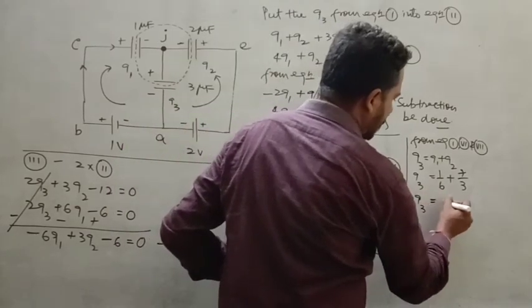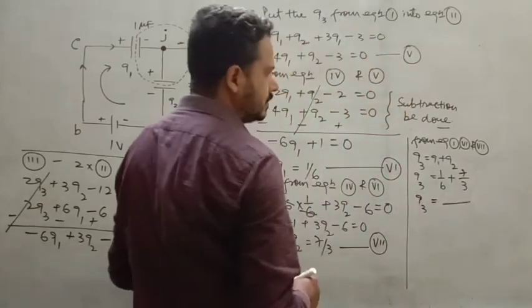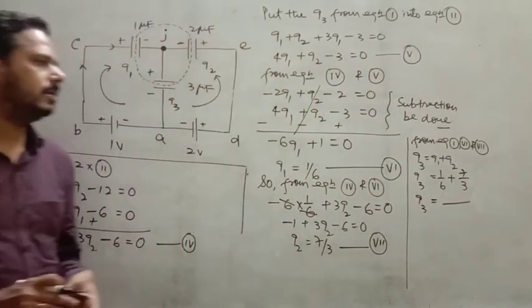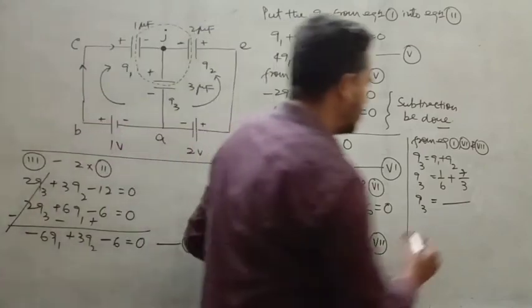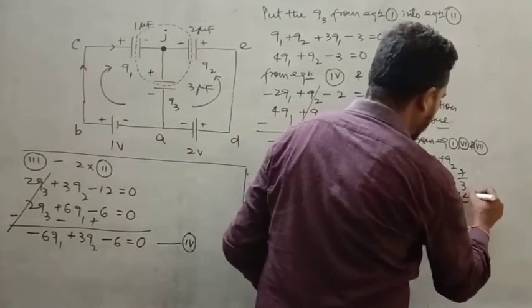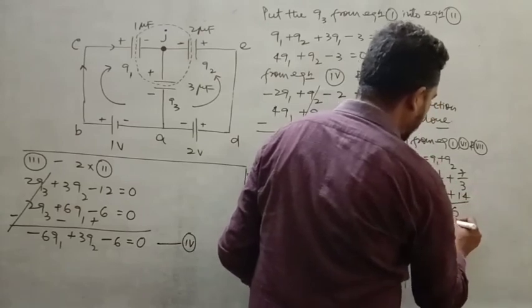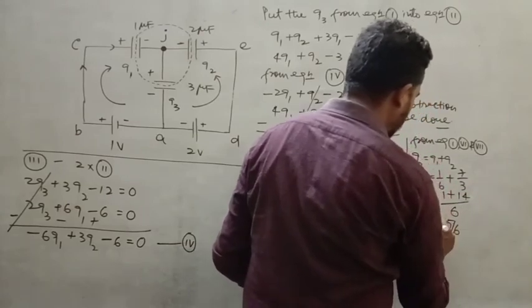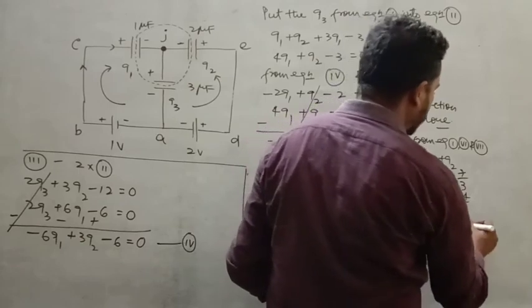After doing calculation, how much will you get? You will get 6 in the denominator, so 1 plus 14, that is 15 by 6. So the magnitude of Q3 is 15 by 6 microcoulomb.